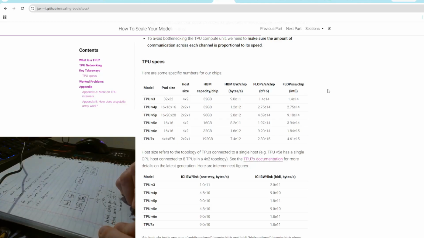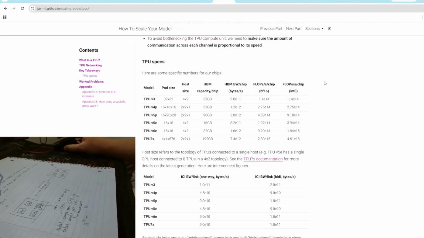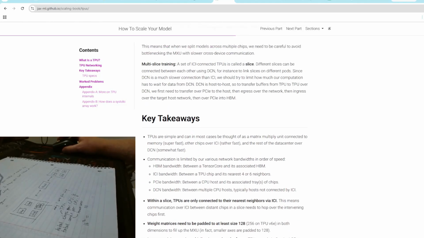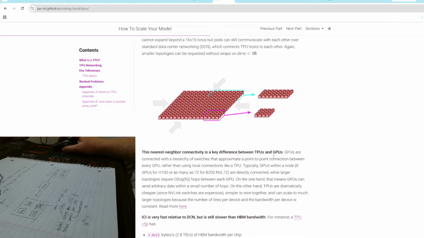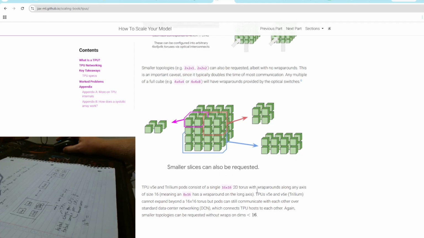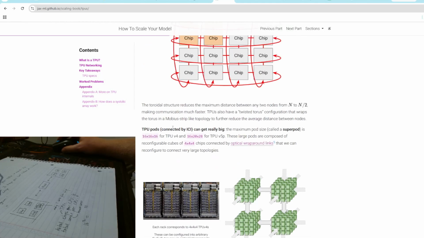So I'm going to cheat a little bit. 16 squared equals, I'm just going to write that it's cores. No, it's chips. It's got to be chips. All right, might as well just verify it really quick. So where do they first talk about pods?